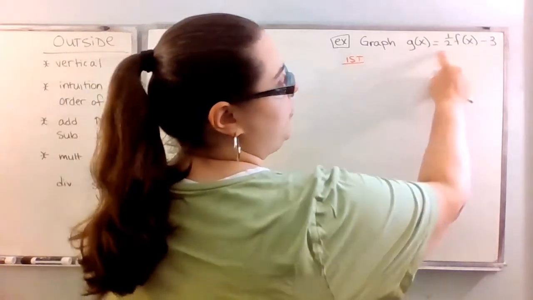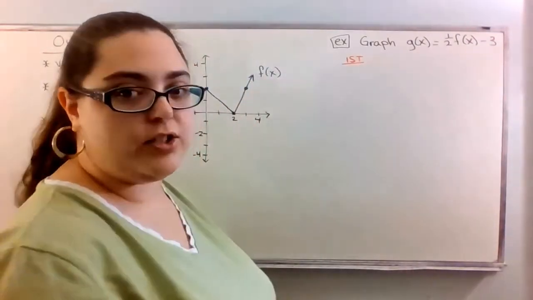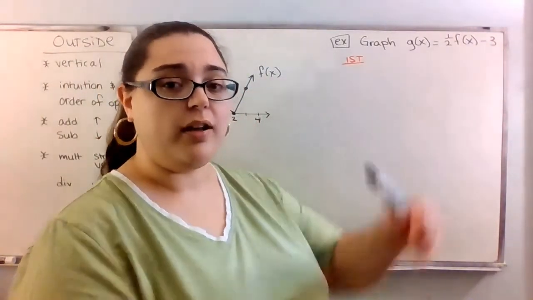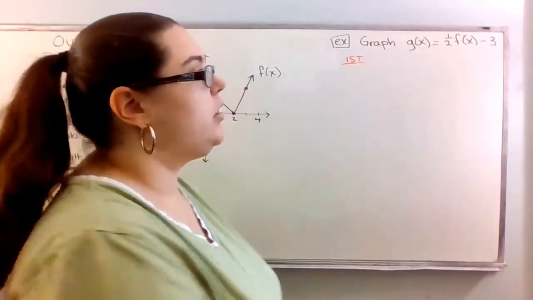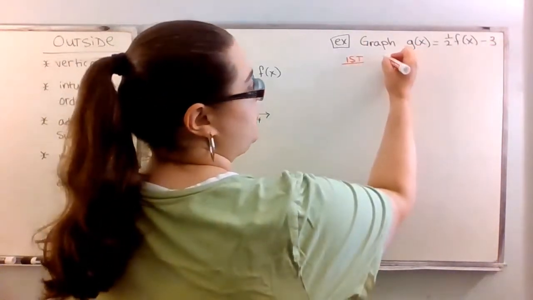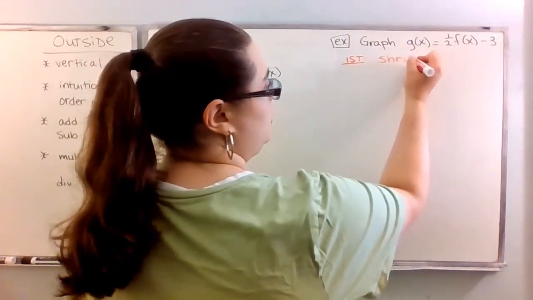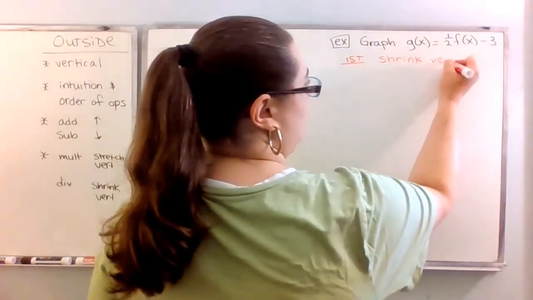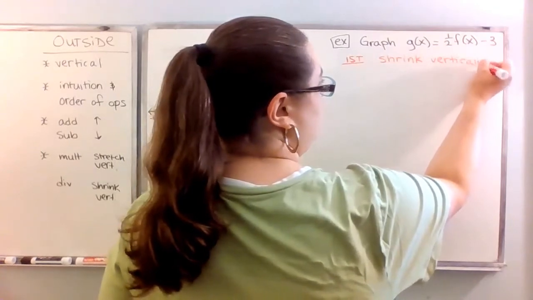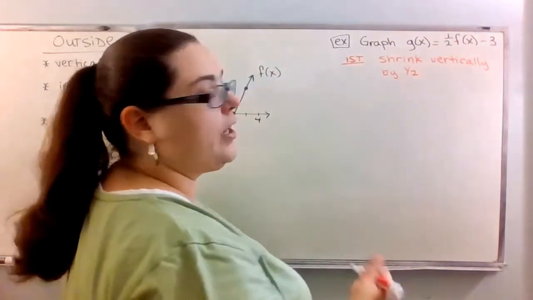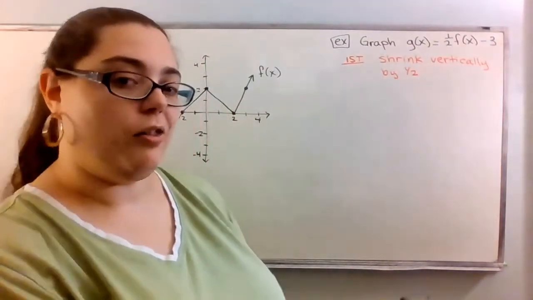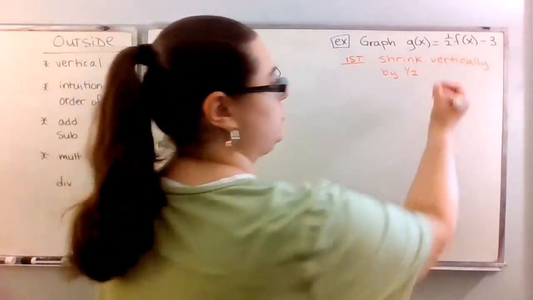So first, when I multiply by 1/2, because 1/2 is less than 1, instead of stretching vertically, it's going to shrink it vertically. So first, we're going to have to shrink vertically by 1/2. In other words, we're going to multiply all the y values by 1/2.